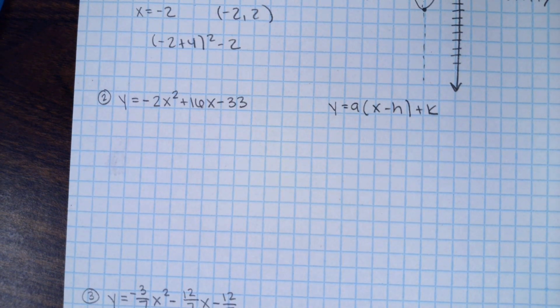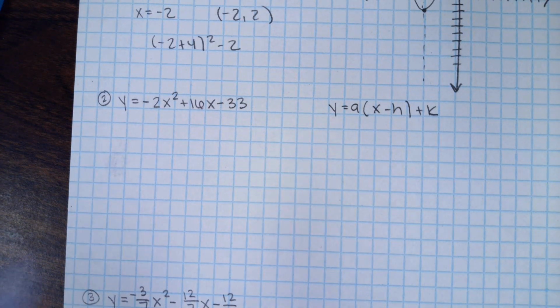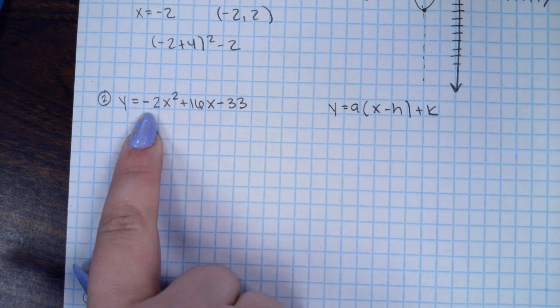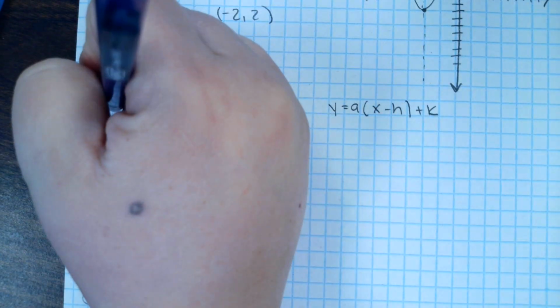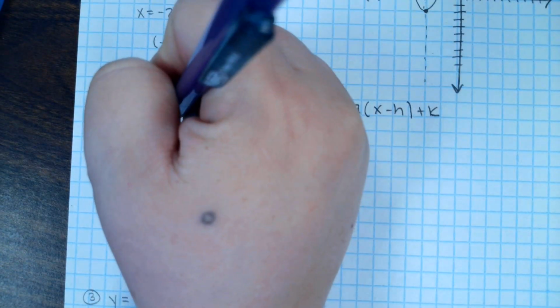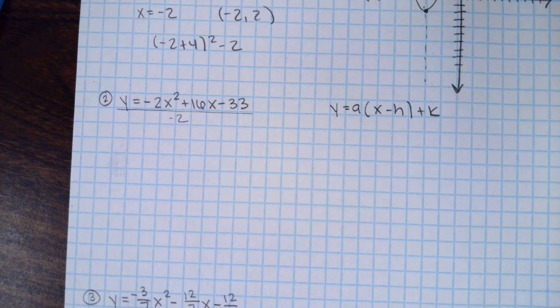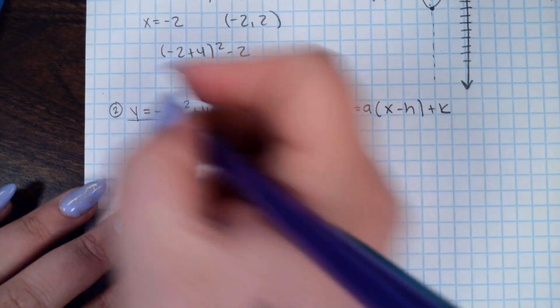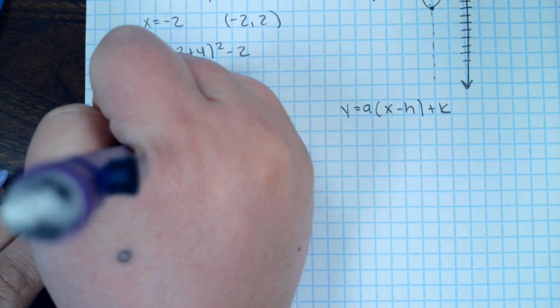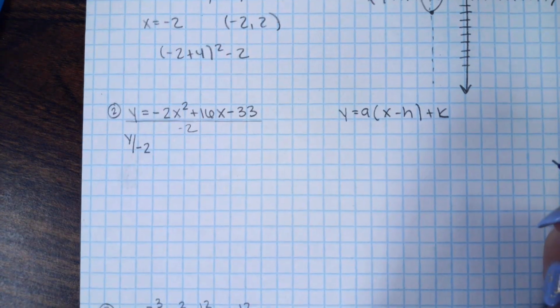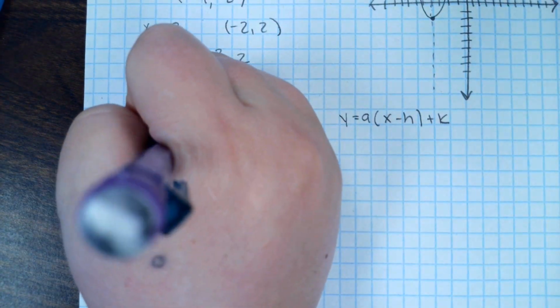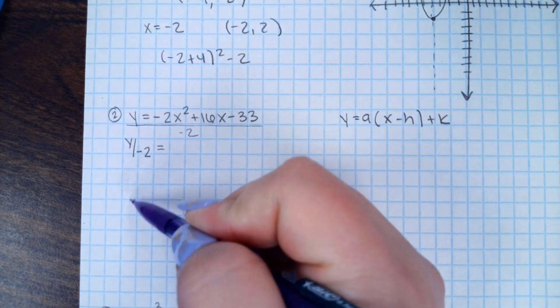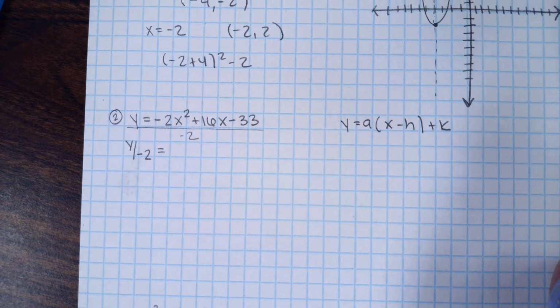When we complete the square, our leading coefficient needs to be 1. So our leading coefficient is negative 2 right now. That means I need to divide everything by negative 2. So the left side, I'm just going to leave that as y over negative 2. This guy is just going to be along for the ride until the very last step.